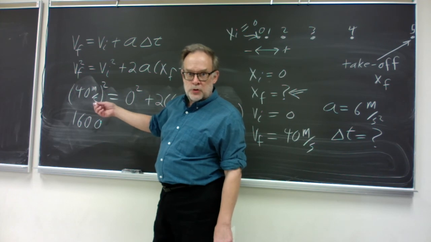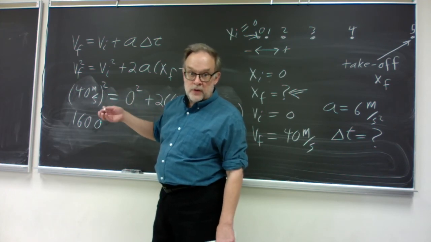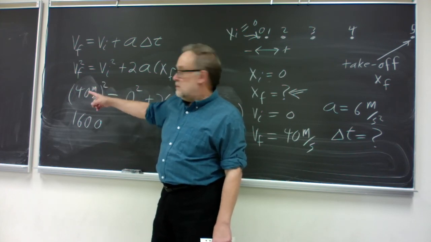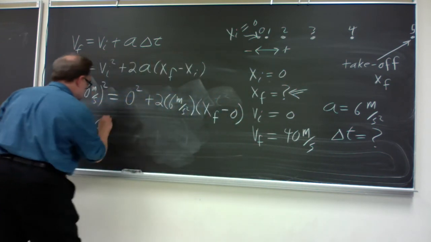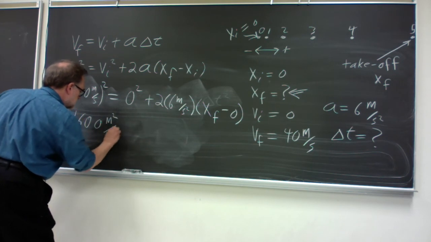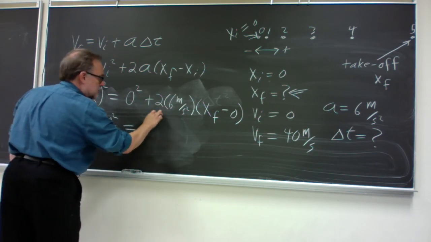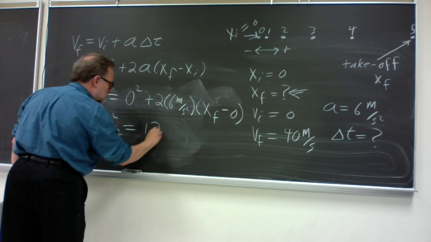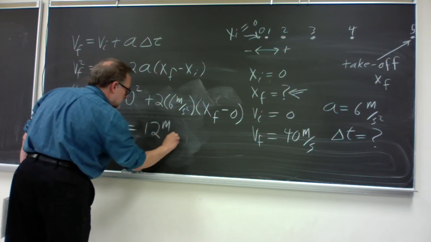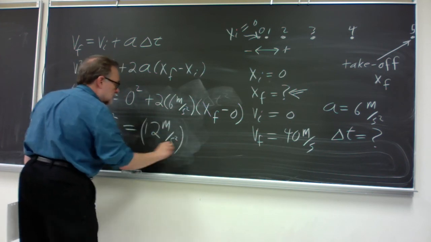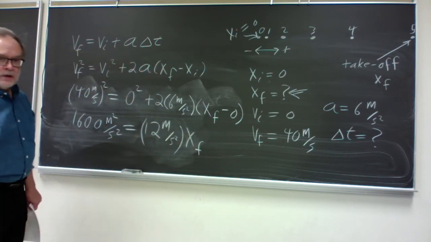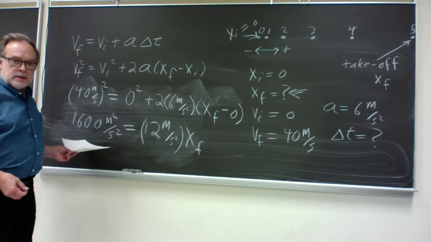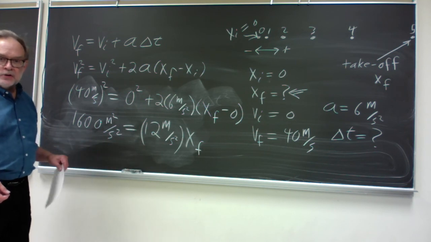And we have to treat those unit labels as if they were algebraic variables, so we end up with meters squared over seconds squared equals this, 2 times 6 is 12 meters per second squared times x final. So x final will just be 1600 divided by 12.